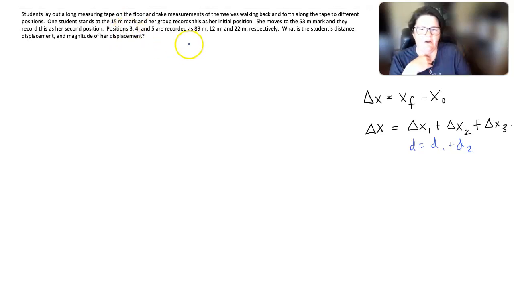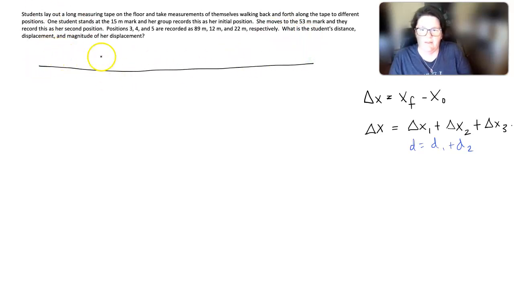What we have here, it's not saying that she moved 15 meters and then she moved another 53 meters. It's saying she started out on this number line tape measure at 15 meters and then moved to the 53-meter mark. So again, it's like a tape measure, and if this is 0, then she started out at the 15-meter mark, so this is her initial position, and then she moved to the 53-meter mark, which is somewhere over here.